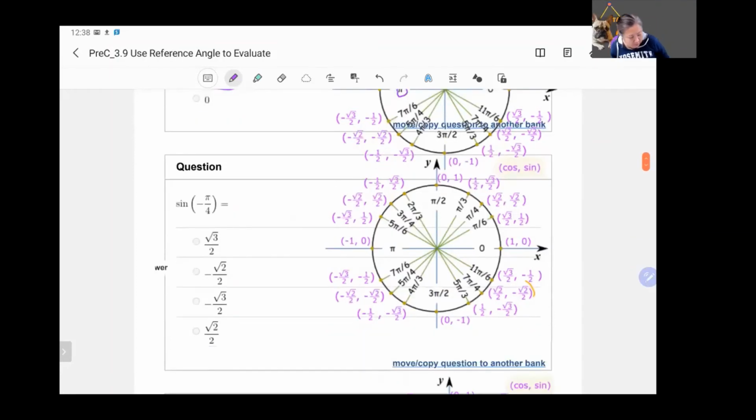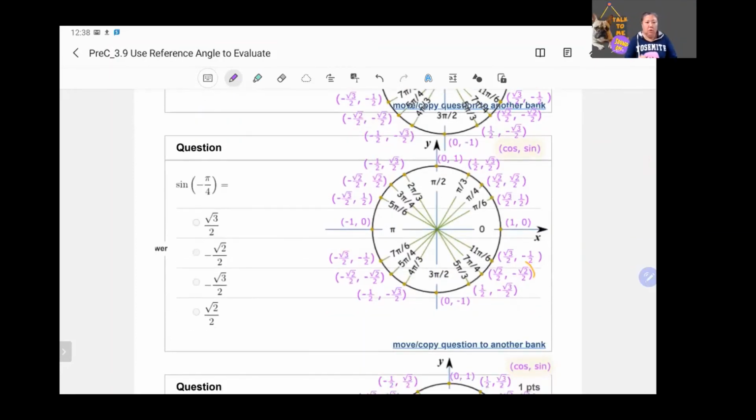Okay, the next one. Now, this is simply asking what is the exact value of the sine ratio if the given angle is negative pi over 4. So again, it's the same manner.